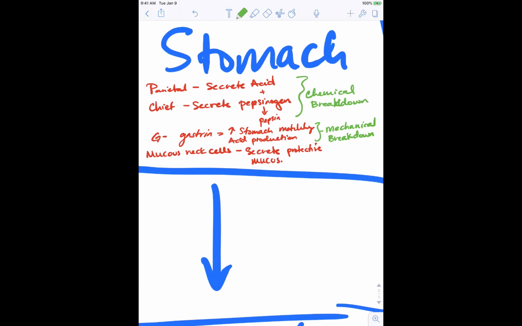But here's the thing. We don't want this stuff to be active all the time, because if it is, then our stomach is going to be constantly moving and constantly secreting acid, and it has an ability to digest itself. So we actually need hormones to trigger the increased stomach motility and increased stomach secretions.